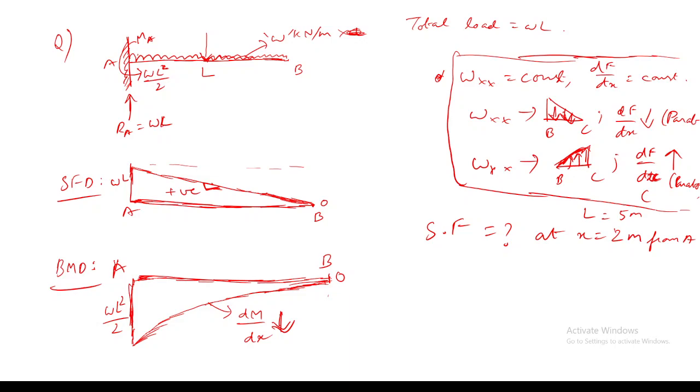Using similar triangle approach. Equation would be better, because if you are using similar triangles, then here it will be 2.5. Yes, similar triangles also you can use, or else using the equation you can also find it out.